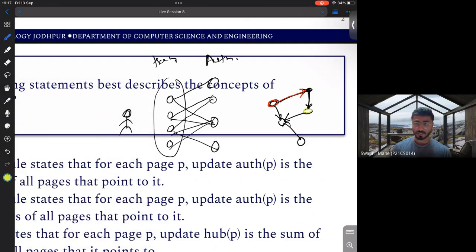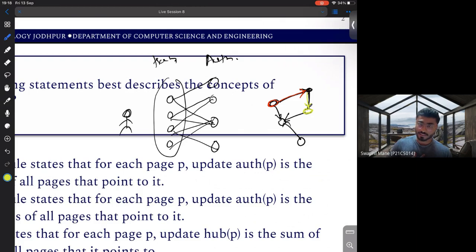Okay. So you understood how the hub is playing a role here. If any node is referring to some node, at that time that particular node acts as a hub. Okay. So let's take this node. At this time this node is referred by someone.